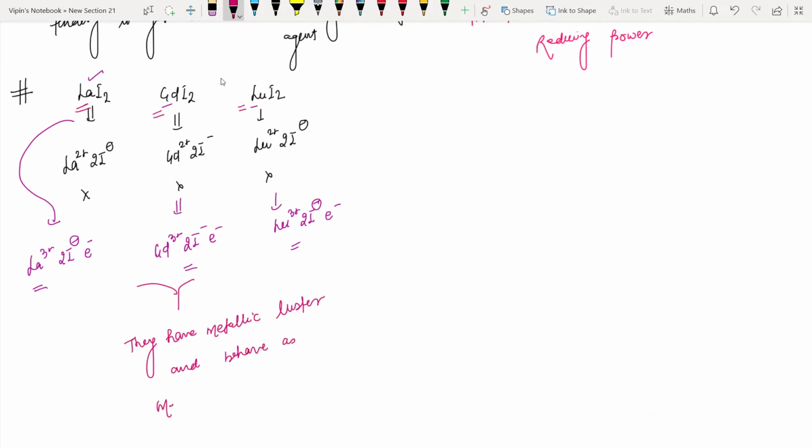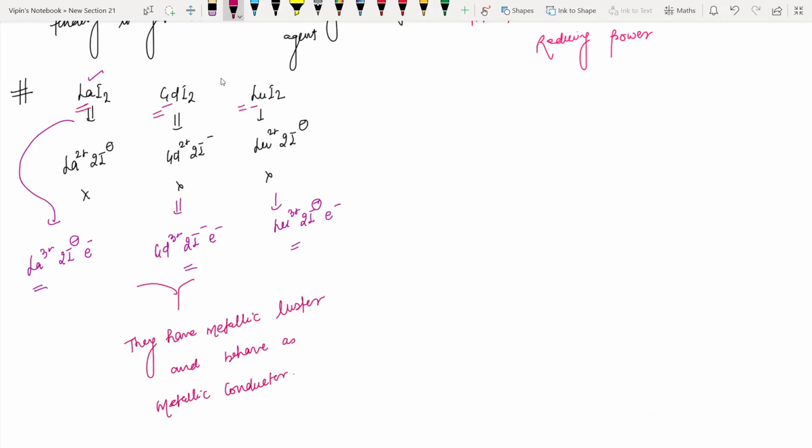Okay, these diiodides are metallic conductors because the oxidation state of the lanthanide is not +2, it is +3. So a question can be asked: explain why GdI2 and LaI2 are metallic conductors.